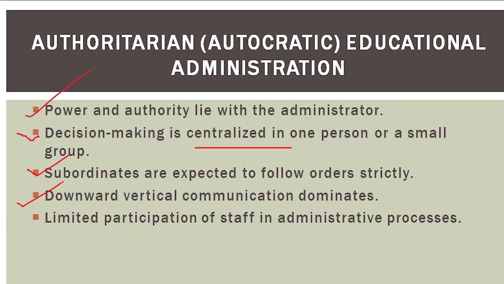Downward vertical communication dominates. The order comes from the higher authority. Suppose in an educational setting, the order comes from the principal to the teachers, and from teachers to the students. So it's a downward communication.